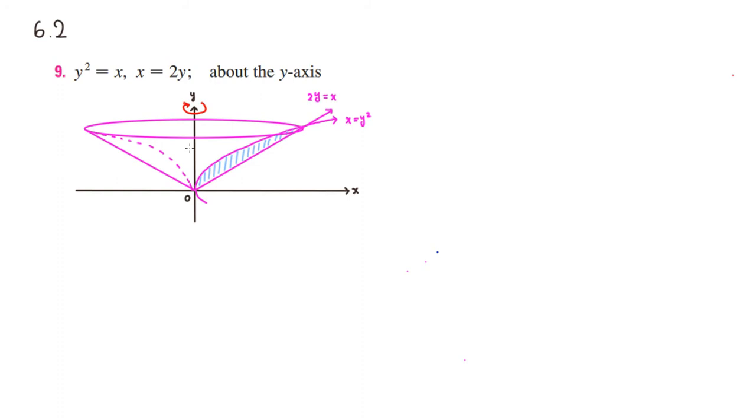There's a hole inside, so this is going to be the washer method. Let's draw a washer so that we know what to do.